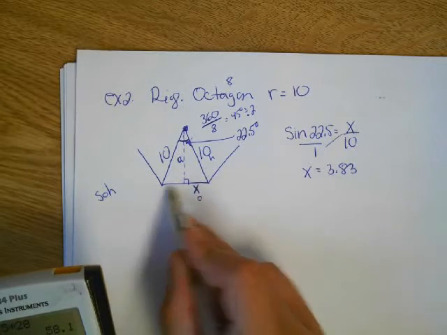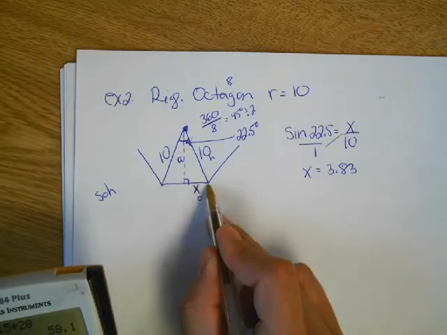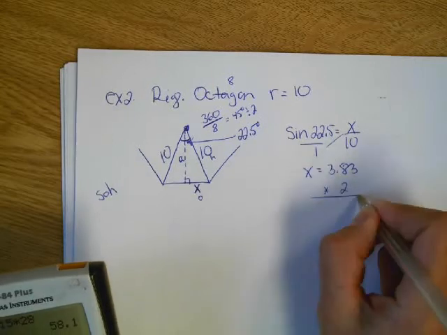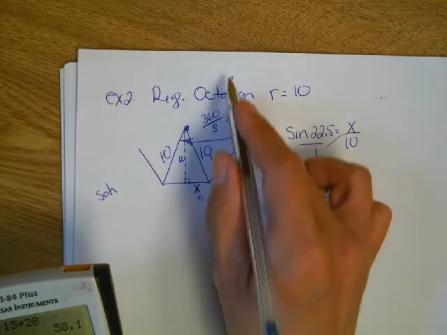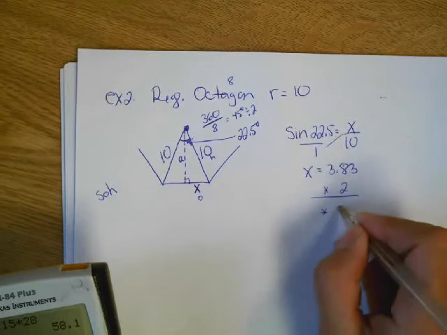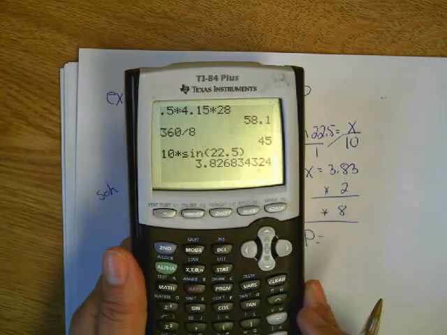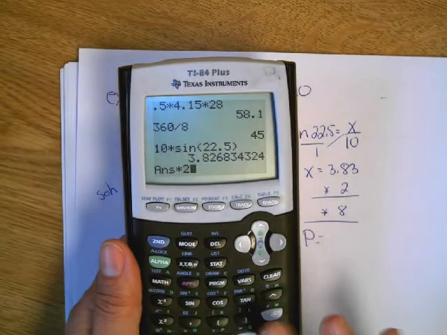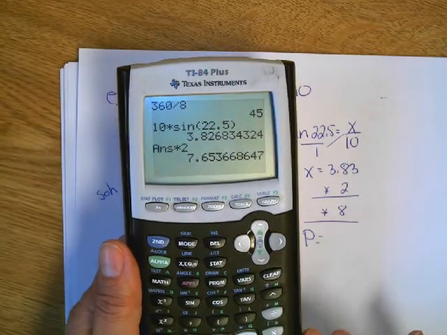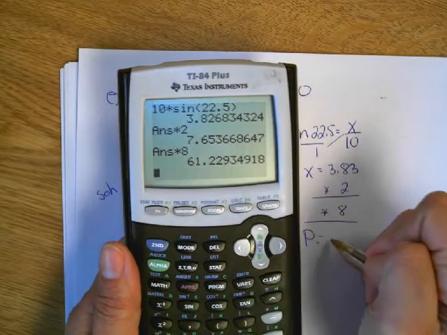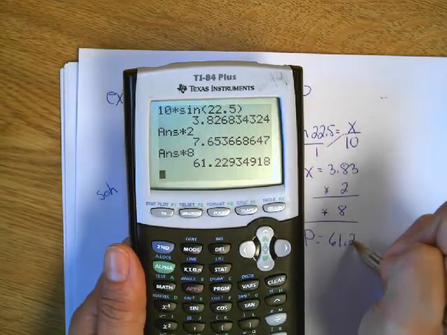If I double that, I will have the full side length. So I'm going to take that and times by 2. Then I'm going to times by 8 to get the full perimeter. So I'm going to keep that 3.83 times by 2. That's my side length. Times by 8. There's my perimeter. 61.23.